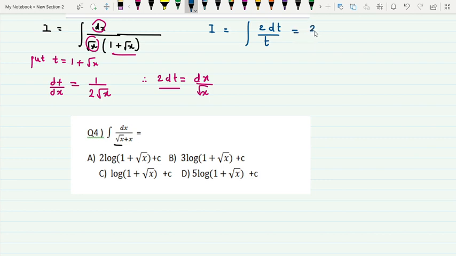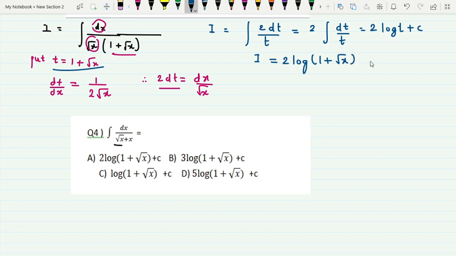So this 2 we write outside, integral dt upon t, and that is equal to 2 times log of t plus c. But t is equal to 1 plus root x. So integral I is equal to 2 times log of 1 plus root x plus c. Here we have the option 2 log 1 plus root x, that is option A, the right option.